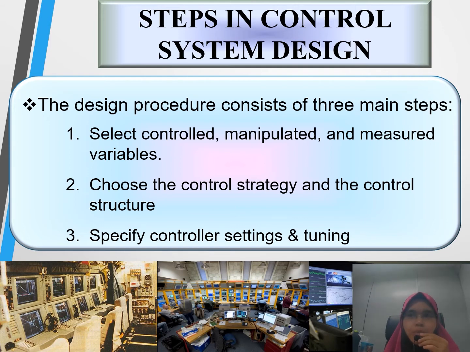And the third one to specify controller tuning and setting. But for your case, I believe only step 1 and 2 involved. For step 3, I'm not asking you to find the value of Kc, tau I and tau D. What is your PID setting? I don't ask you to do that. It will take another years if you have to do that.